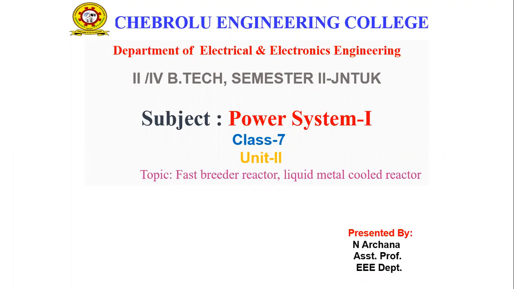In the previous class we discussed the PWR and the BWR, the boiling water reactor and the pressurized water reactor: their advantages and disadvantages, the working principle, and which fuel, moderator and coolant are used. That was all covered in the previous class.